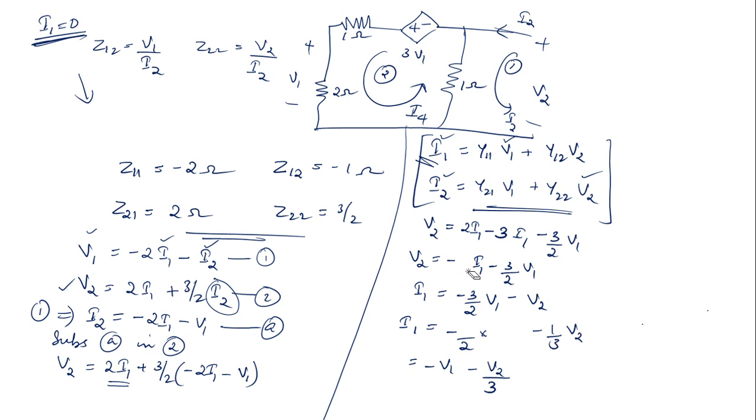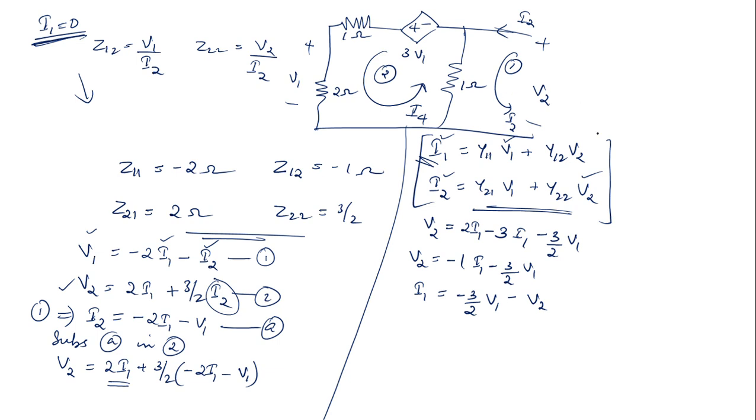So you have minus 1 over here. Right. So your answer is complete in this step itself. So you have minus 3 by 2 V1 minus V2. Okay, so you got the equation for I1, that is minus 3 by 2 V1 minus V2.